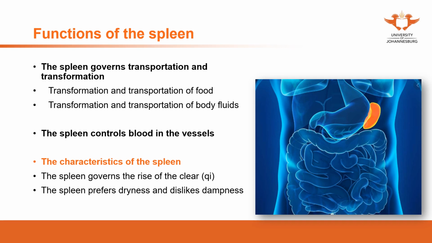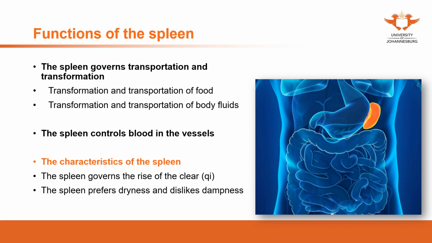The transformation of the food actually refers to the digestive function. Although the digestive function happens in the stomach and the intestines, in Chinese medicine we think that this function needs the support from the spleen.